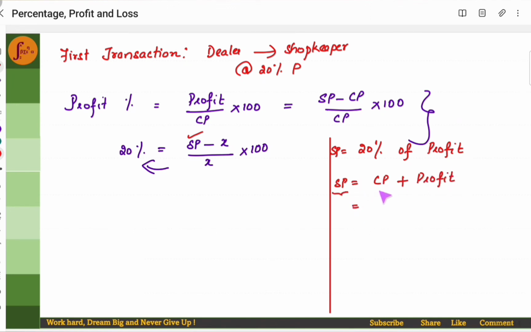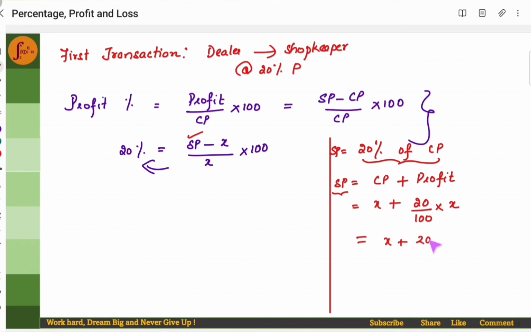Correct. Now what is cost price? X. What is profit? Profit is 20%. 20% of what? 20% of cost price. So I'll write it as 20% is 20 by 100 into, of is always into cost price. Cost price is X. So I can directly write it like this.